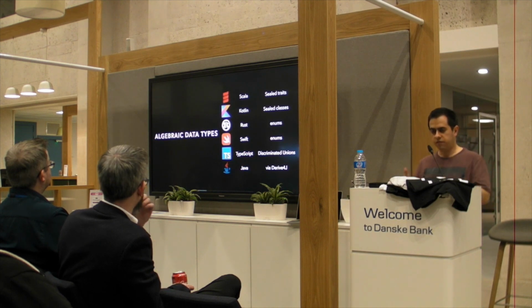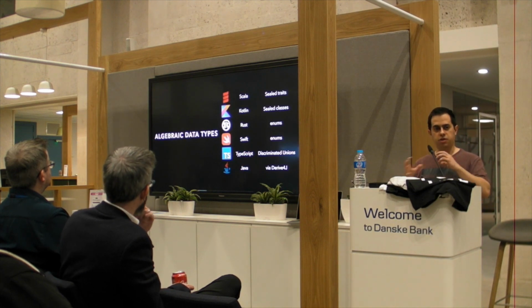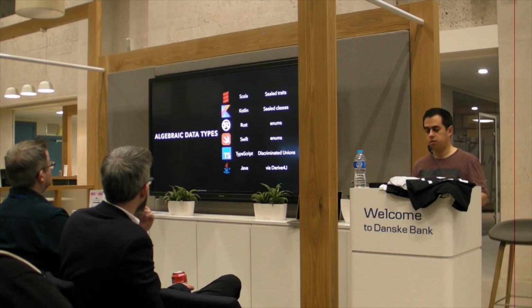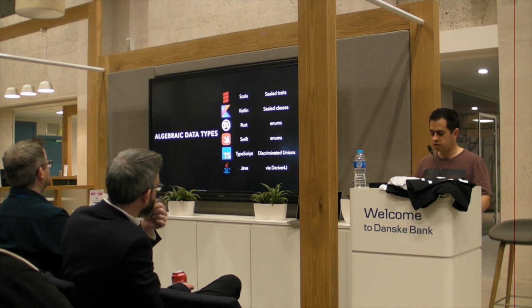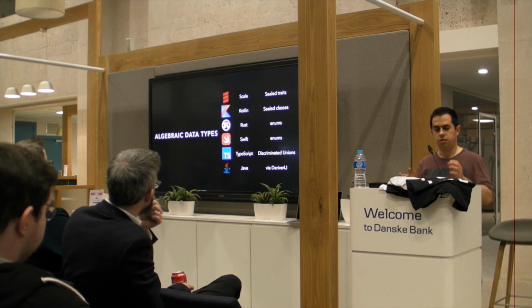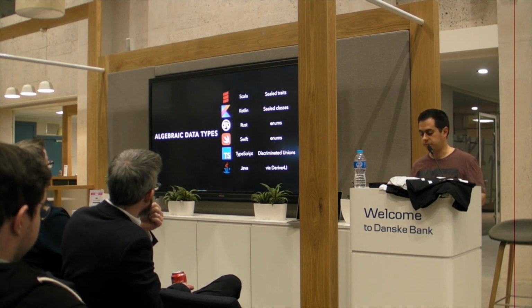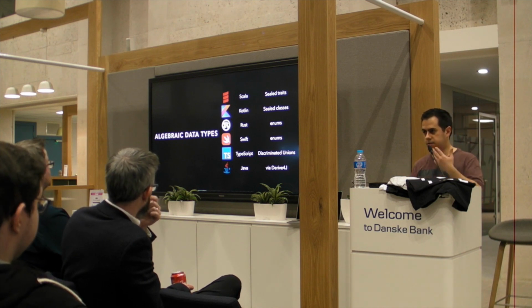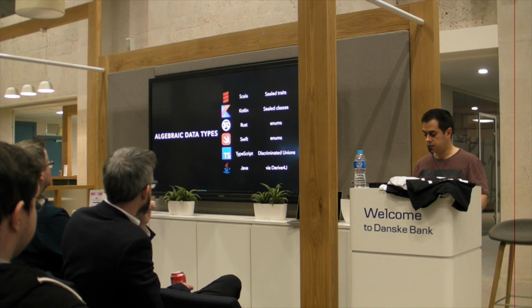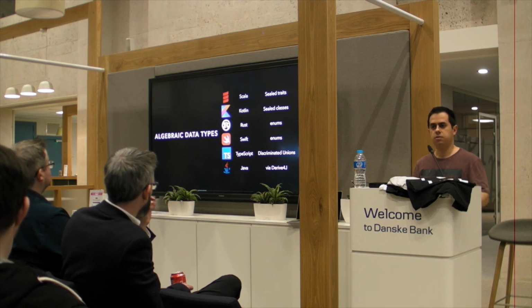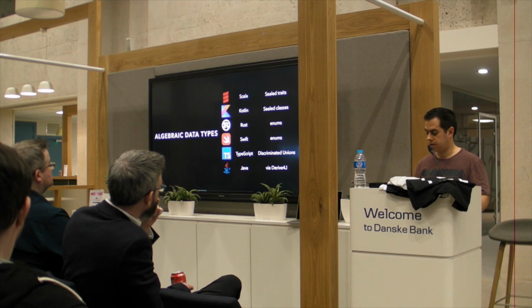And when you have a language that lets you freely combine products and sums, you say that you have algebraic data types. Because products and sums complement each other and are both so fundamental, you'd think that every language should have these. I don't think it makes a lot of sense to have one, but not the other.